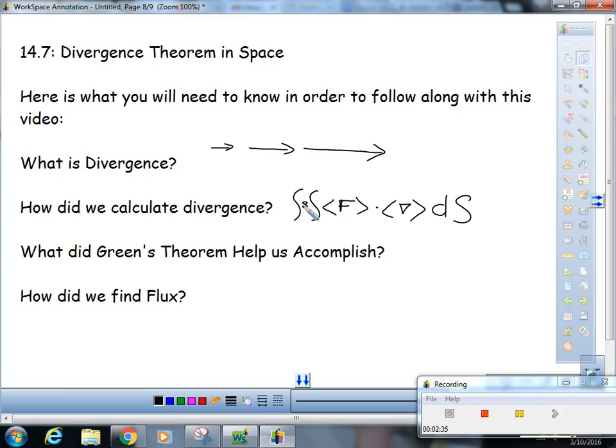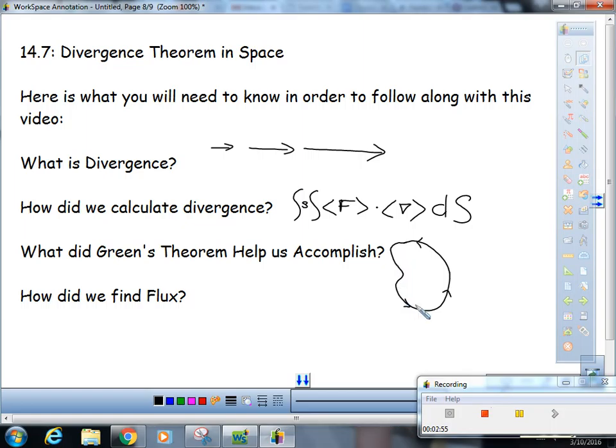What did Green's theorem help us accomplish? Exactly. Green's theorem allowed us to calculate a line integral. Well, what the heck's a line integral?